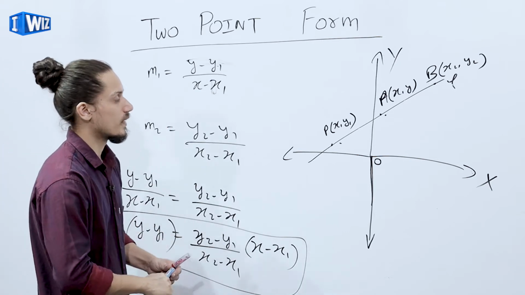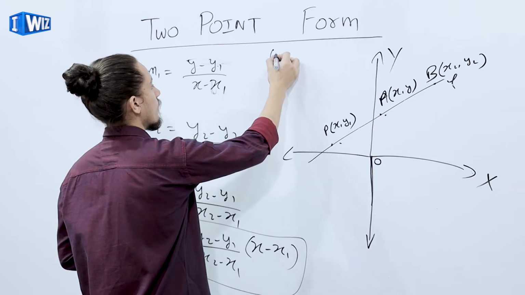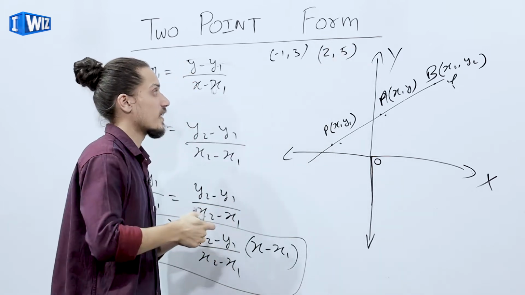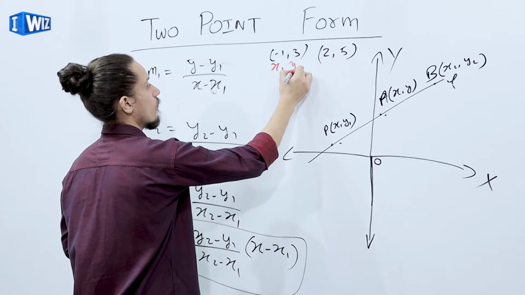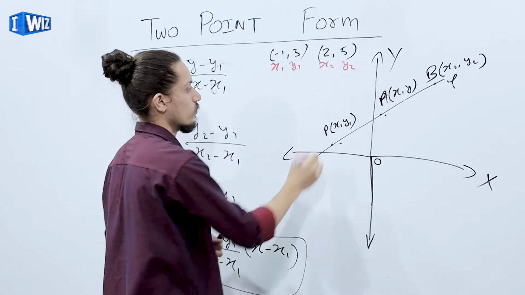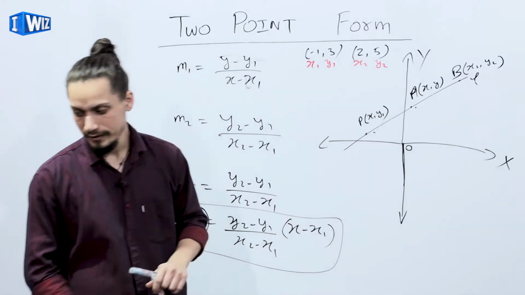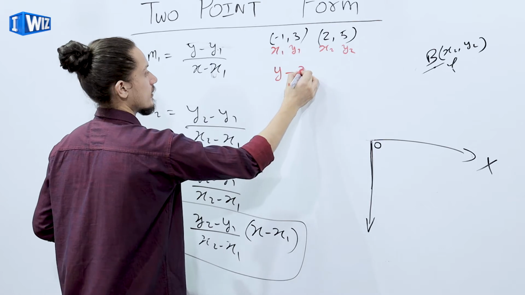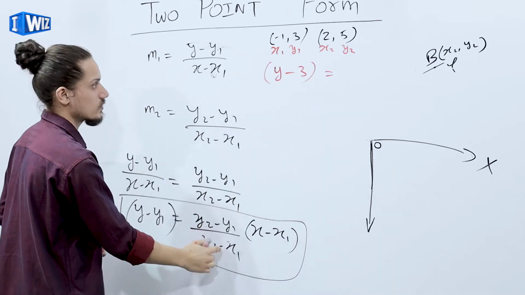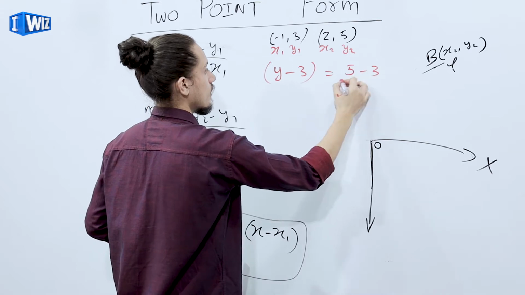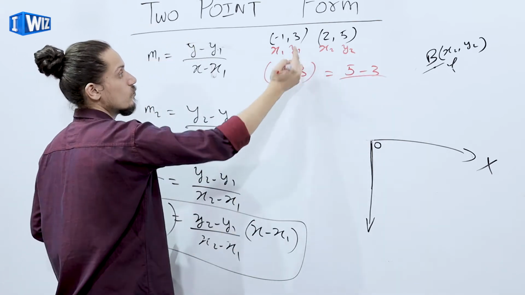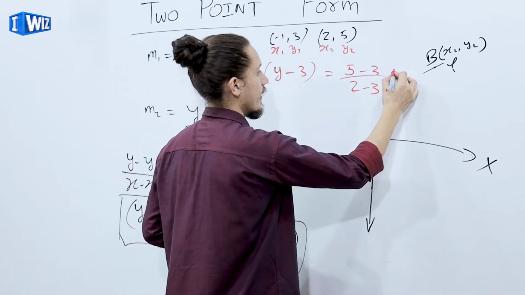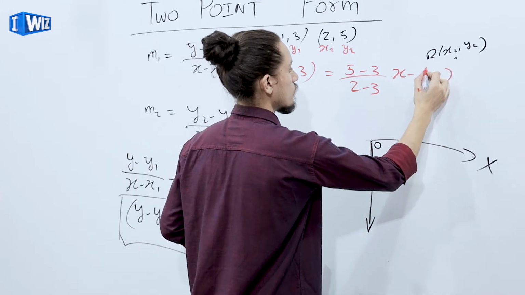For example, suppose हमारे पास 2 पॉइंट दे रखे हैं किसी लाइन पे, say (-1, 3) and second one say (2, 5). तो इस केस में हमारे पास ये हो गया x1, ये हो गया y1, ये हो गया x2 और ये हो गया y2. तो इस केस में इक्वेशन ऑफ लाइन कैसे निकलेगी? We'll put in x1, y1, x2, y2 both, we get y minus y1, which is 3, is equal to y2 minus y1, that is 5 minus 3, upon x2 minus x1, that is 2 minus 3, into x minus x1, x1 हमारे पास -1, so we get x minus of -1.